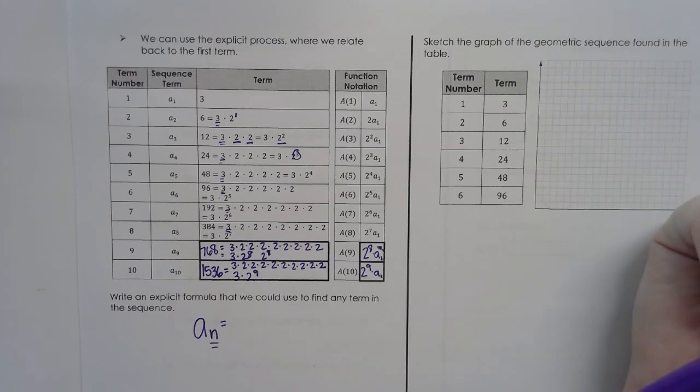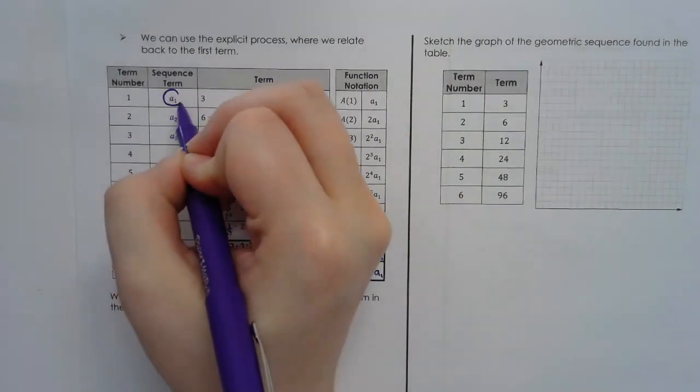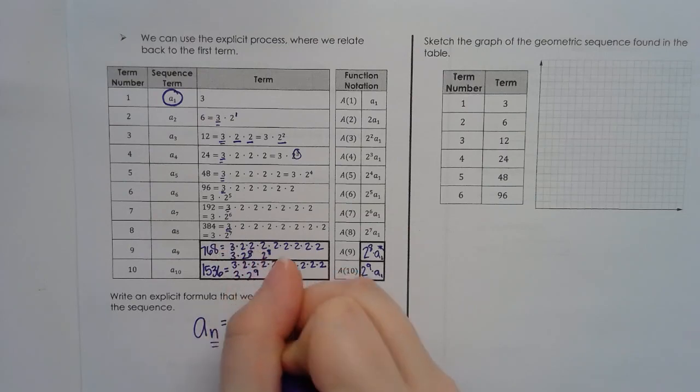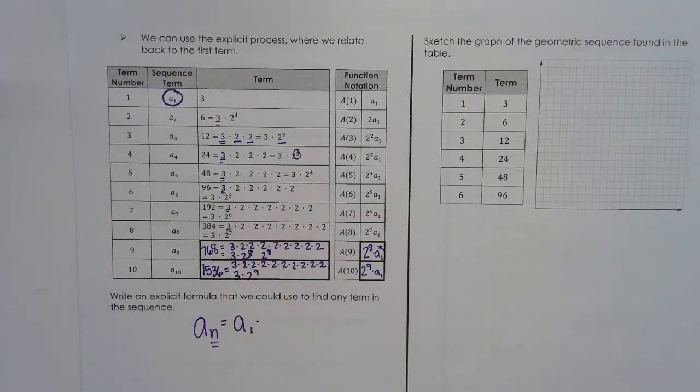Right, we consistently used 3. 3 was my first term, and we labeled that a sub 1. That's really important. A sub 1 was important for arithmetic, and a sub 1 is also really important for geometric. So a sub 1 was multiplied every time times a certain number of 2's.